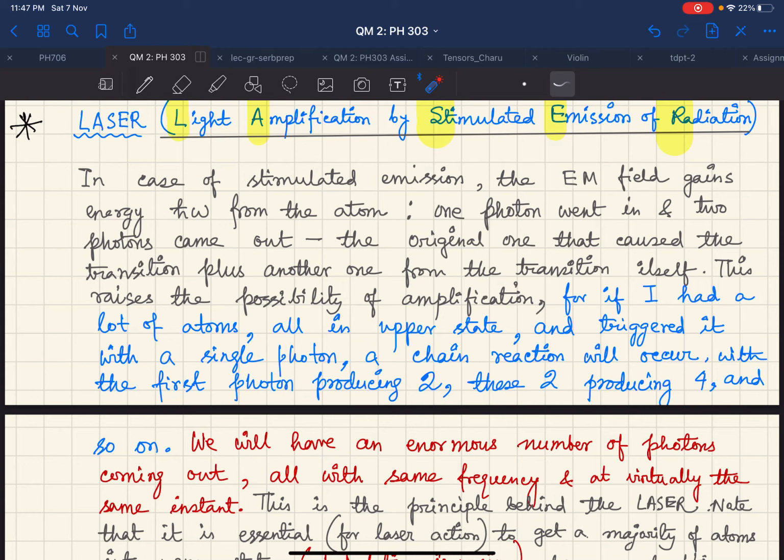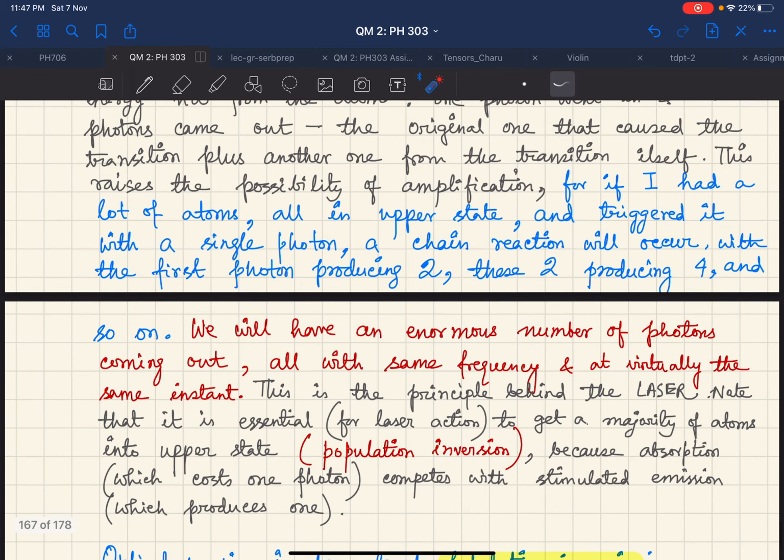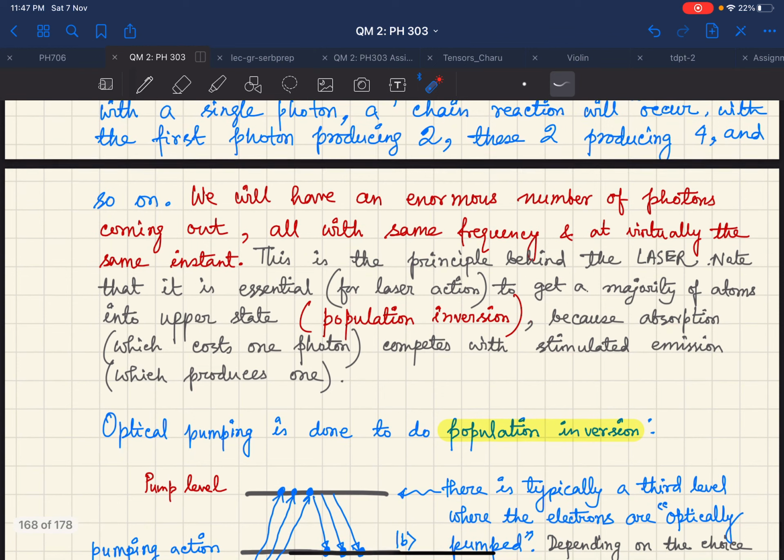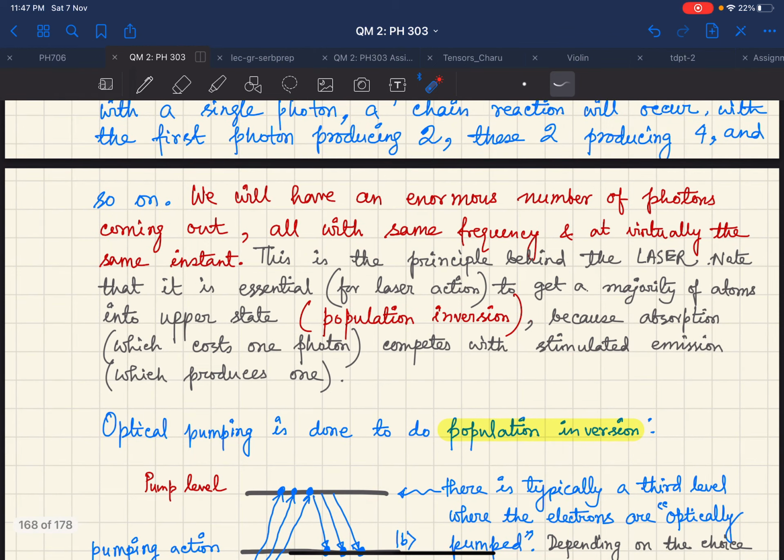Now, this enormous number of photons that come out of the stimulated emission will all have the same frequency, and they will come out virtually at the same instant of time. So this is roughly the principle behind the laser.